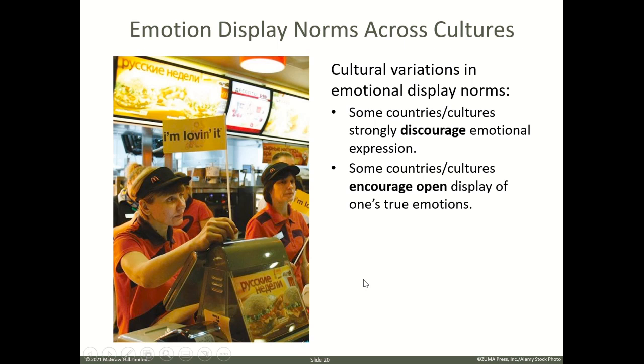Emotion display norms across cultures. Cultural variations mean changes in the emotion display norms. Some countries or cultures strongly discourage emotional expression, but some countries or cultures encourage open display of one's true emotions.